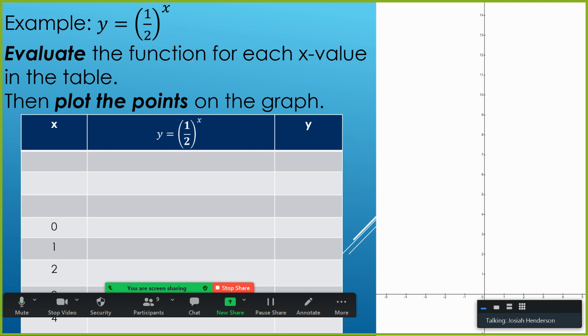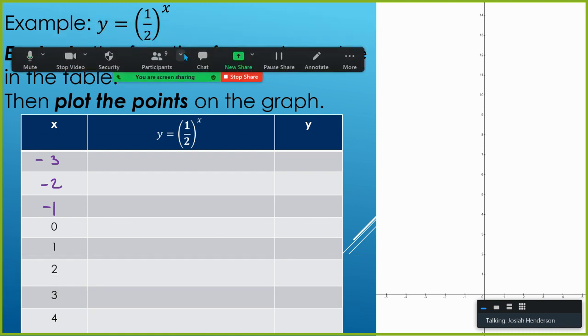So evaluate the function for each x value in the table, and then we'll plot the points on the graph. This time I expanded our table to put in negative values for x, which will basically be negative exponents. And then we'll graph those to see what this looks like. This is not going to be the same shape as our negative 2 to the x like we did earlier. This will be a little different.